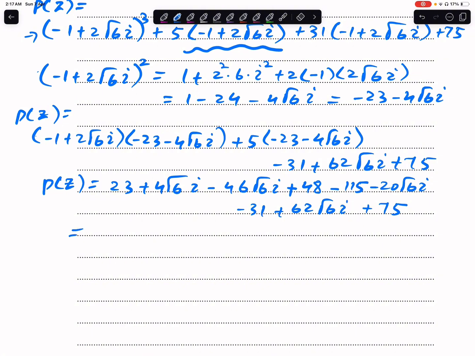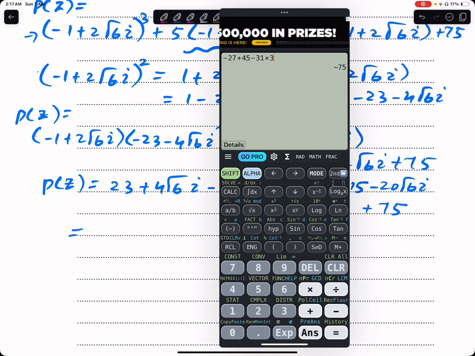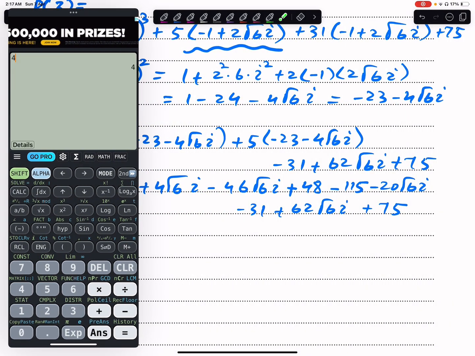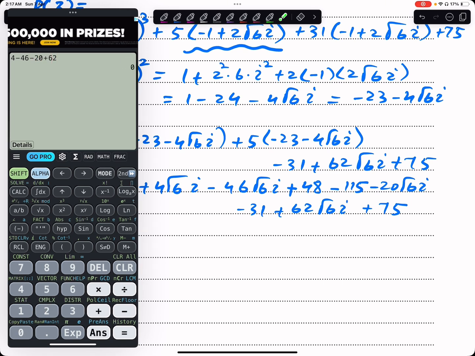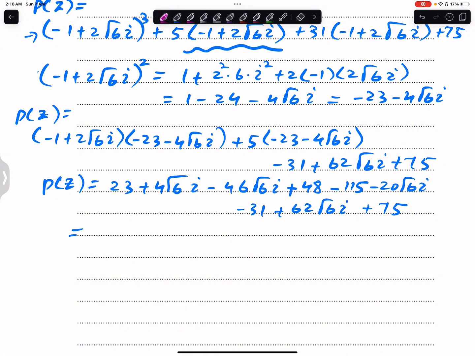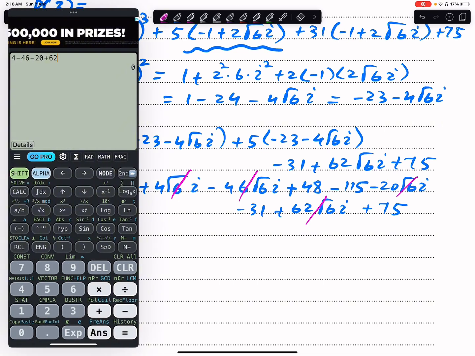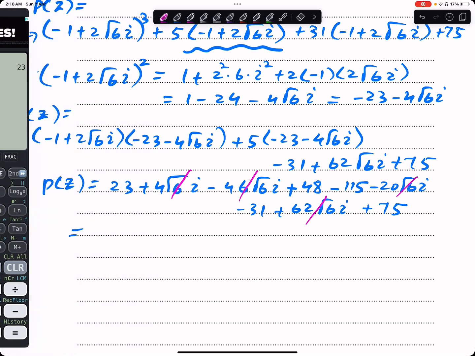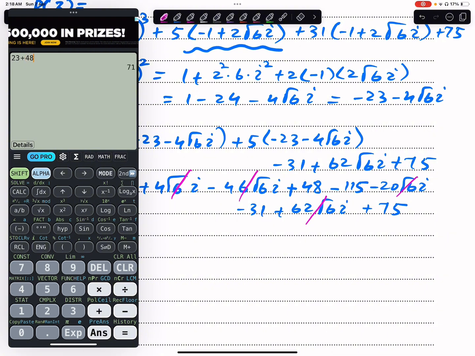Now students, 4 root 6i, 46 root 6i, 20 root 6i, and then this. Let's put all these values in calculator and let me show you 4 minus 46 minus 20 and plus 62. You can see that this is 0. So all these values become 0 if you add this, and then you have 23, the first value, and the next value is plus 48.